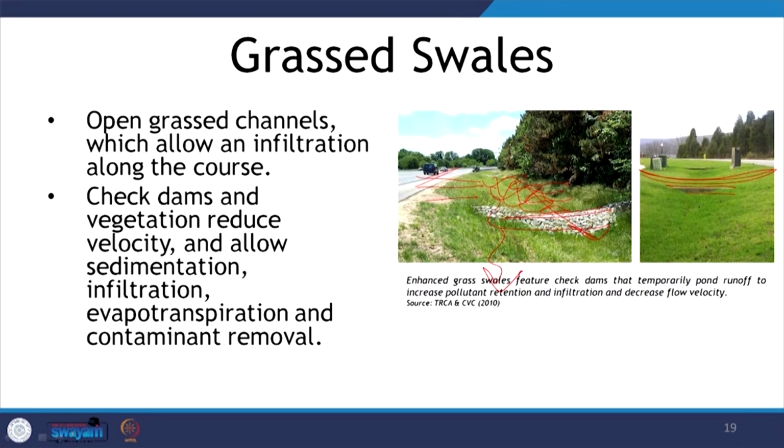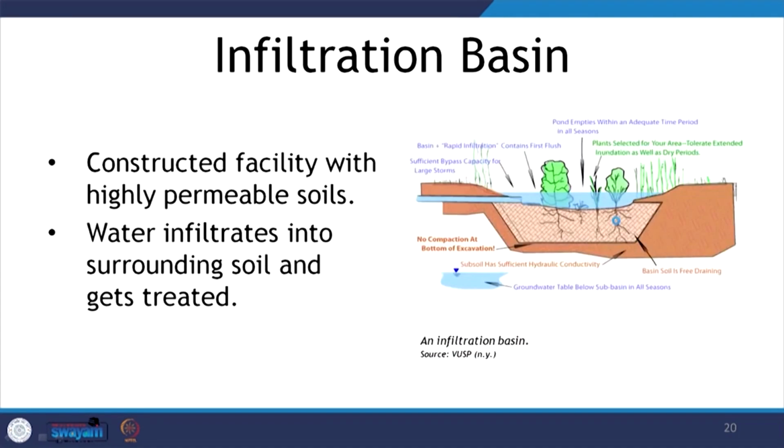And even when it is flowing through the swale to the drain, when the excess water comes, most of the pollutants will be held here with the help of these barriers, these berms. A bigger version of an infiltration trench is an infiltration basin, where instead of a channel we have a larger basin, but a more or less similar concept, where we have very loosely packed substrata, and it allows water to percolate down.